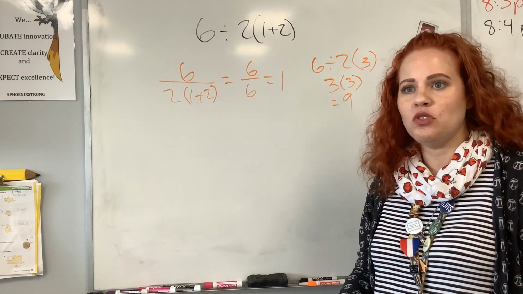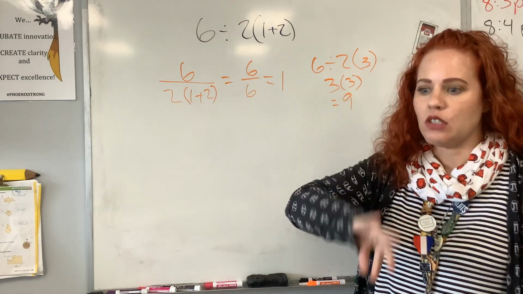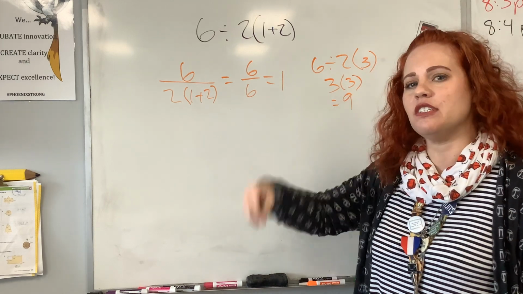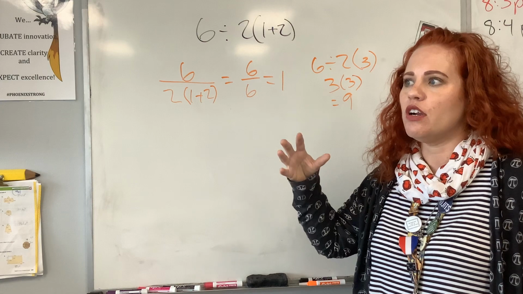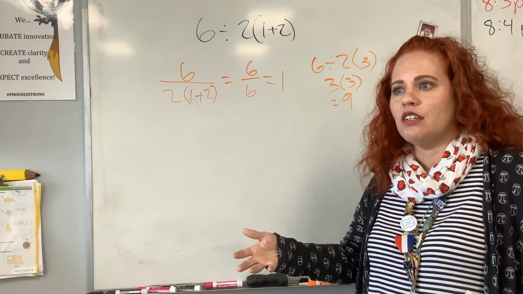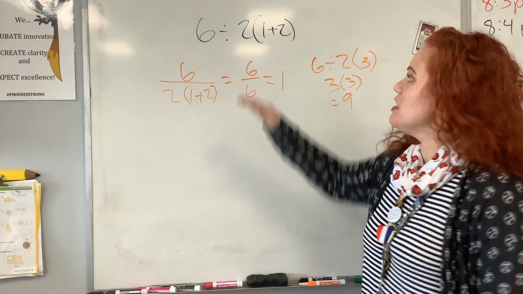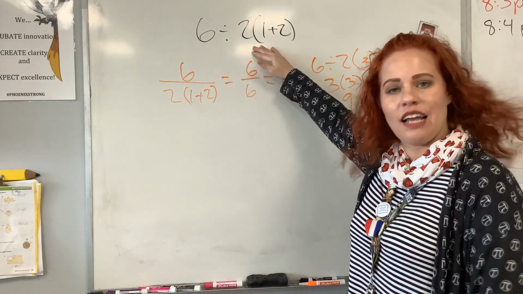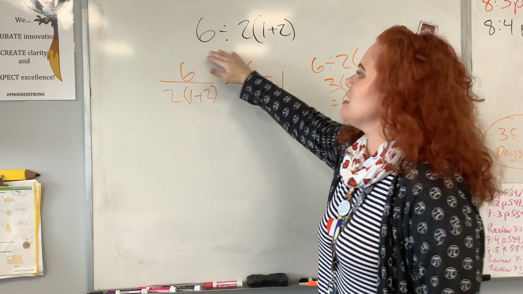But when it comes to multiplication or division first, reading left to right, and using different types of notation for different operations, this one's kind of half and half. This side is written algebraically and this side is not.